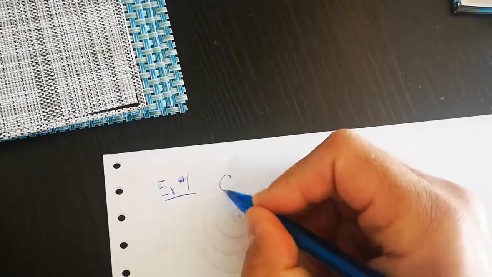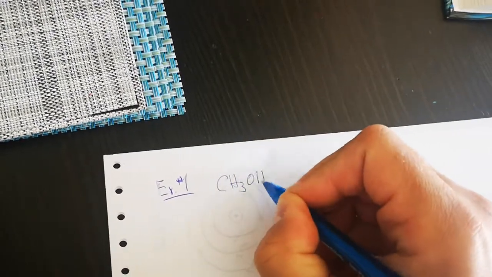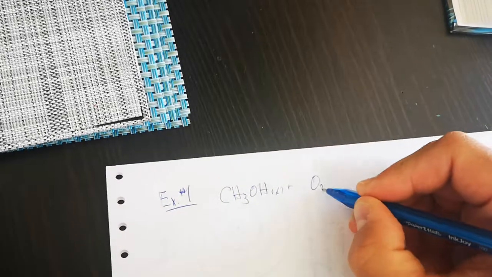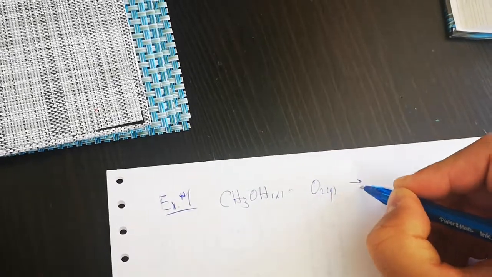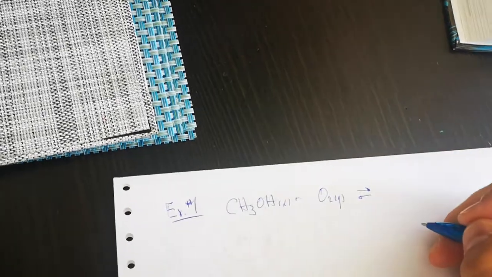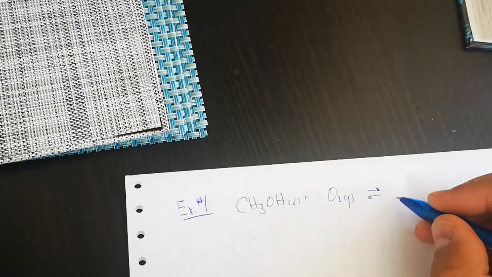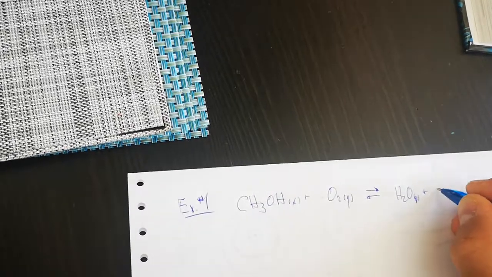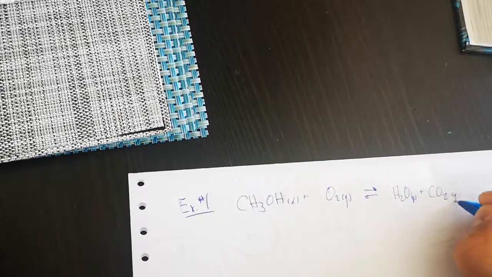Here we've got methanol, CH3OH, a liquid, combining with O2, a gas. We're going to make this an equilibrium reaction to produce H2O, gas, and CO2, a gas.